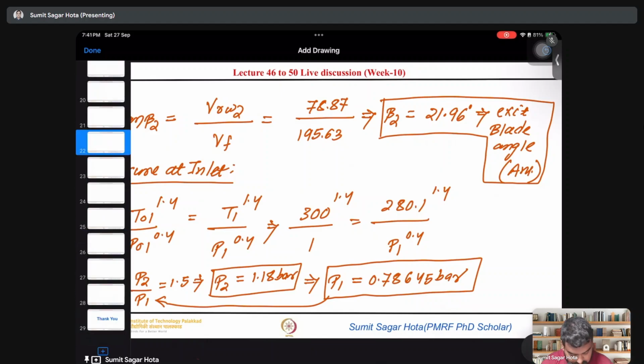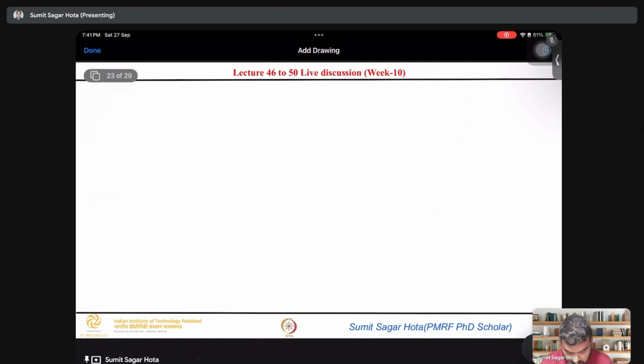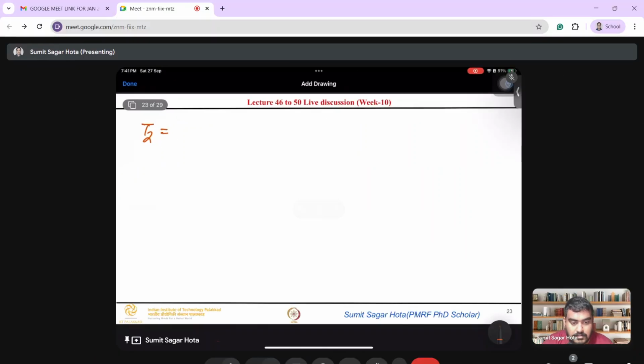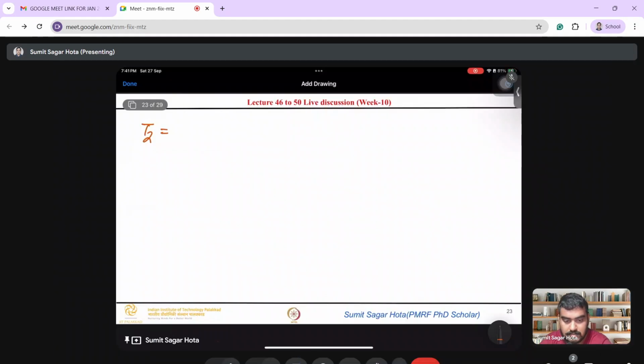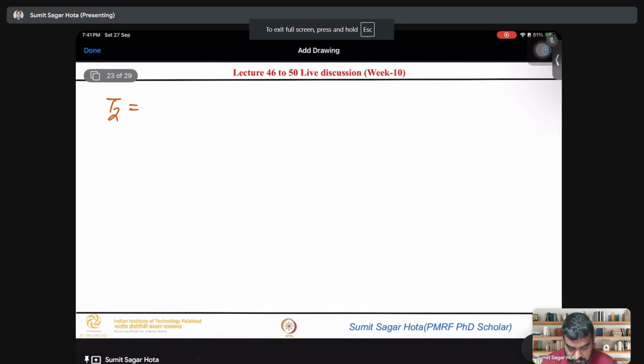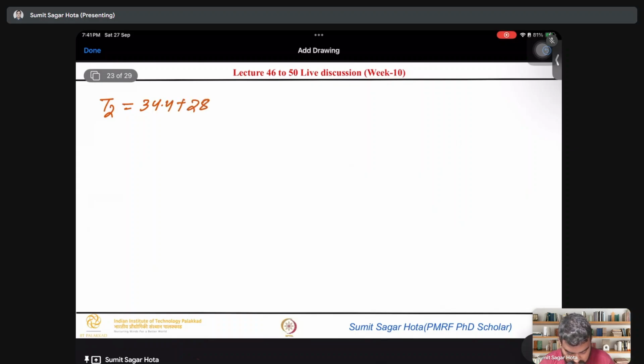Now what is T2? T2 is equal to 34.4 plus 280.1.